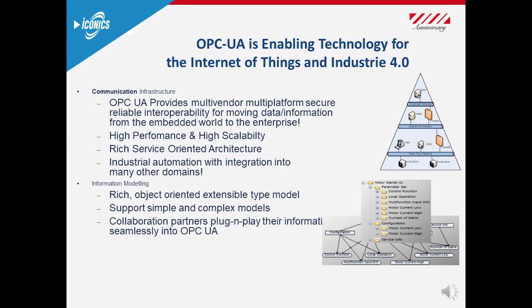So this is the binding of OPC UA and what they've done with the information models. And Iconics and Mitsubishi are leveraging this directly in the products and things that we're bringing to the market to help our end users.